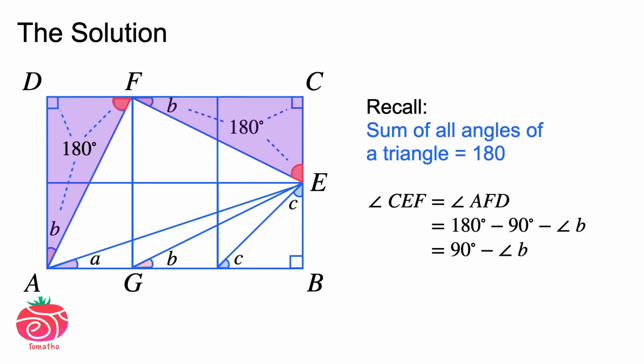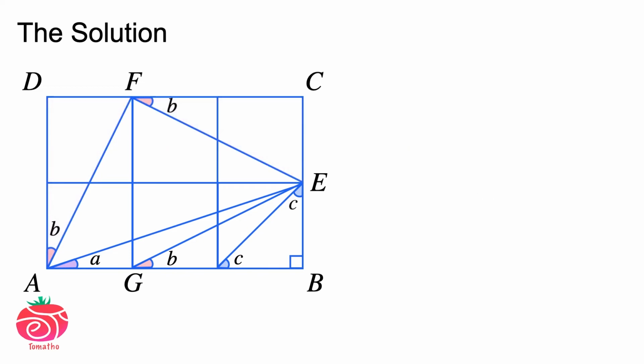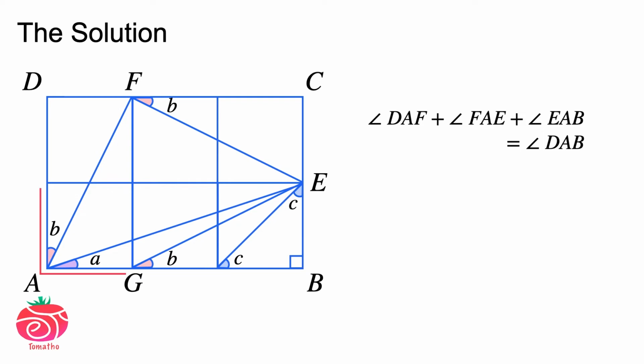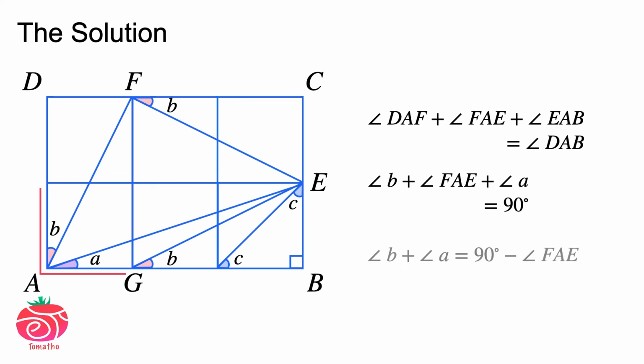Remember, we are trying to find the value of A plus B. Observe angle DAB. Actually, we can write DAB as follows, right? And since DAB itself is a right angle, we can write B plus angle FAE plus A equals 90 degrees. So A plus B equals 90 minus FAE.